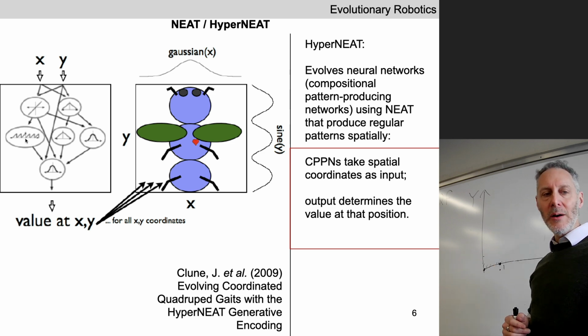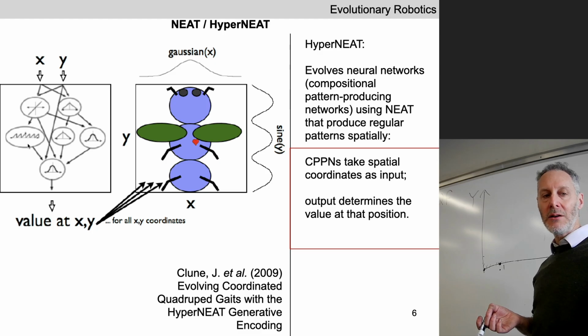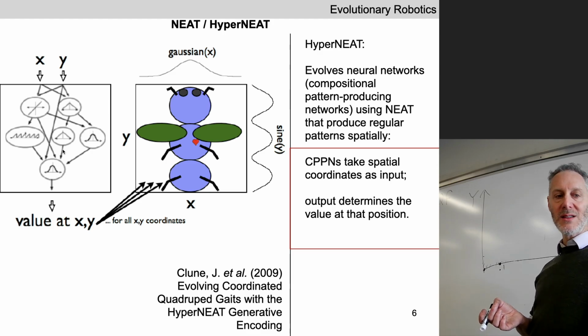Just as a reminder about what an activation function is, let's take this neuron down here, this output neuron. Remember that to compute the value of this neuron, we take the value of this neuron, multiply it by this weight, the value of this neuron, multiply it by this weight, and sum these two together. The value of this neuron is this times this, plus this times this, plus this times this, plus this times this.